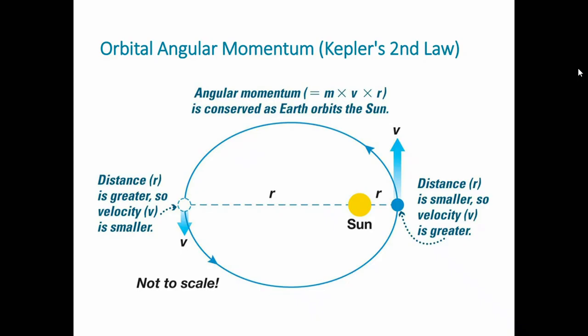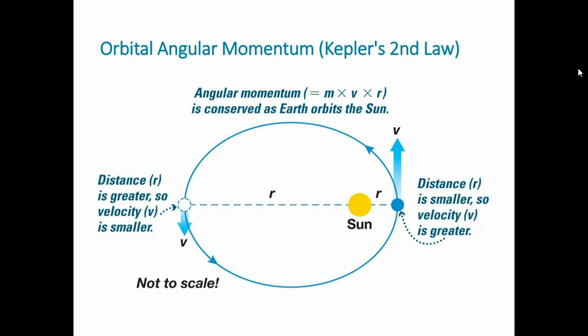So Kepler's second law said that as something is orbiting, especially in this elliptical orbit, it will sweep out equal areas in equal times, or as this object gets closer to the sun in this elliptical orbit, its orbital velocity will increase, and then as it gets farther away from the sun, its orbital velocity will decrease. And so this is also a consequence of conservation of angular momentum.